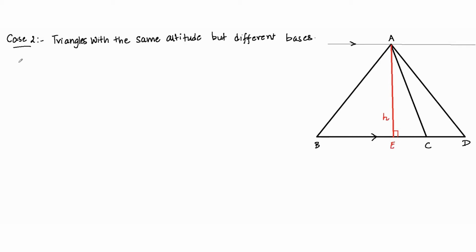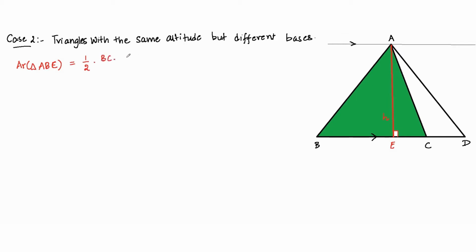So if I consider area of triangle ABC, right now I am picking the green triangle over here. You will notice that this area will be given by half into the base, which is BC, multiplied by the altitude corresponding to it, which is H.